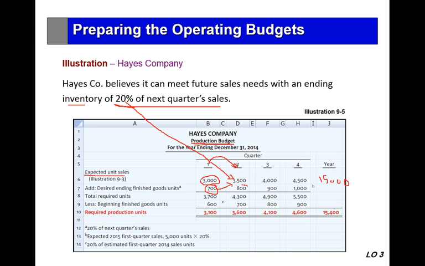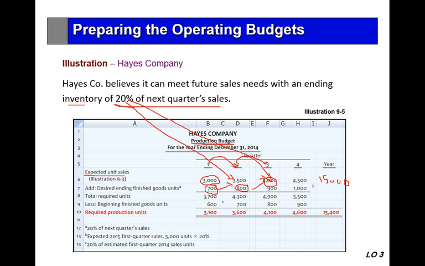The second quarter here has desired ending inventory of 800, which is 20% multiplied by 4,000 units. The next quarter after the second quarter is the third quarter. Then we have 20% multiplied by the next quarter sales, 4,000 multiplied by 20% equals 800 here.